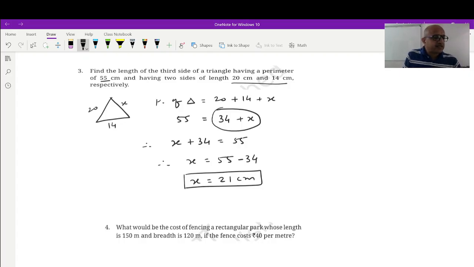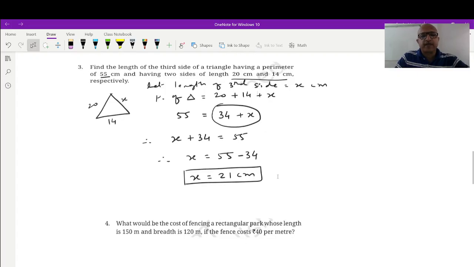I hope this is clear, children. If you want, you can write: let the length of the third side be x centimeter. That you can write if you want, right? Quite easy. Transposing rules, you should be clear.